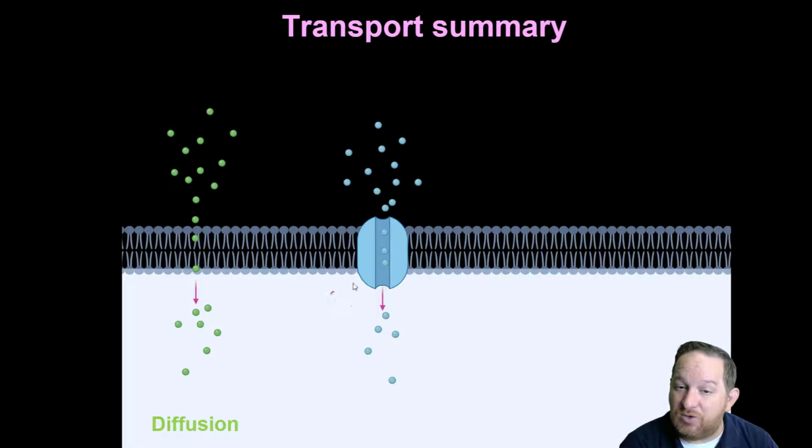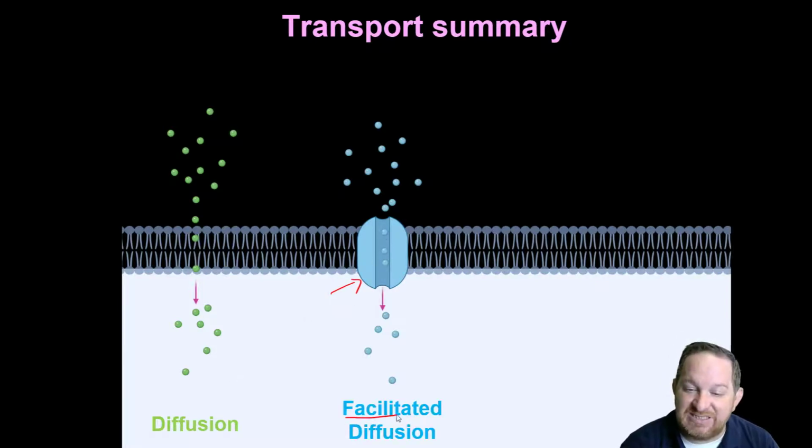Well, they're going to have to use a channel protein. We call this facilitated diffusion. We needed a channel protein to facilitate the movement of these molecules across. So notice we're still going from high concentration to a lower concentration. So these are no energy required, still going from high to low: diffusion and then facilitated diffusion.